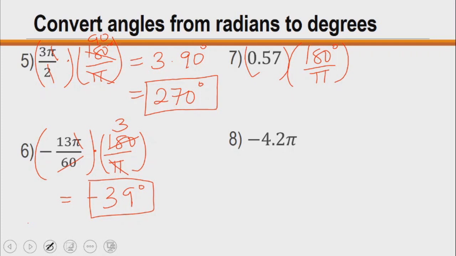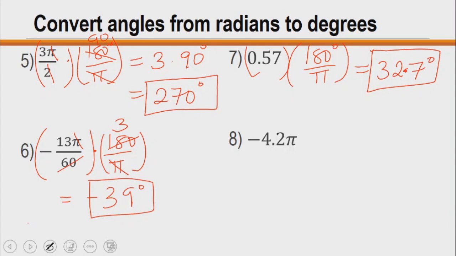If you use your calculator, you see that it leads to 32.7 degrees. Sometimes they want you to write the answer in 2 decimal places, so you can just punch it into your calculator and do 2 decimal places. I'm doing 1 decimal place for this particular question.